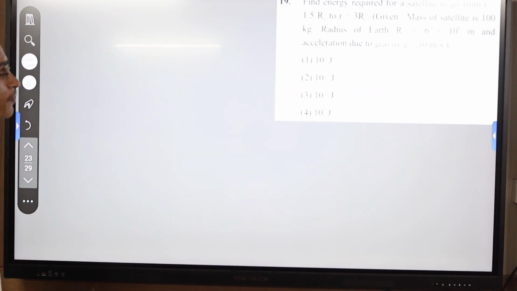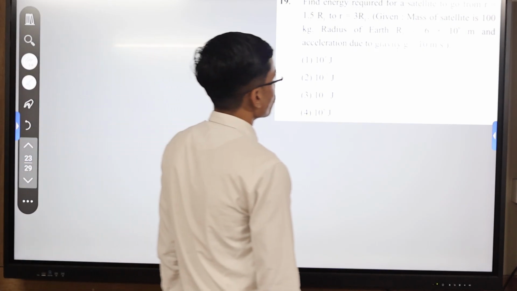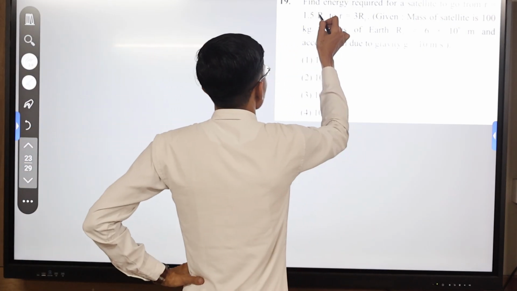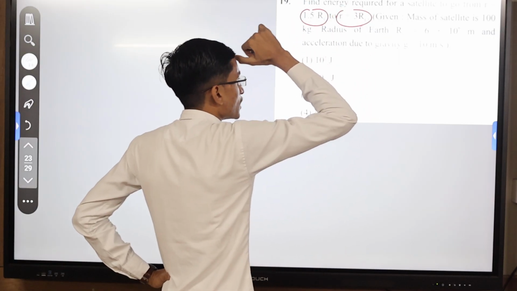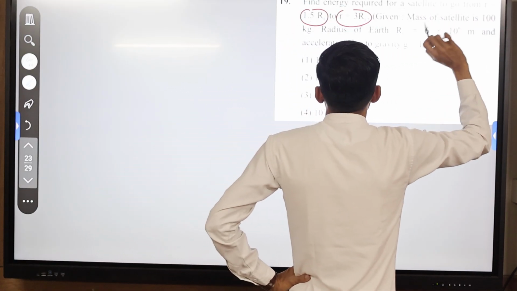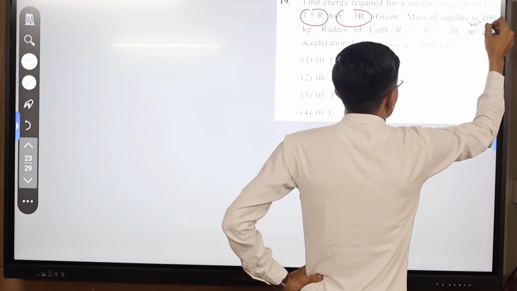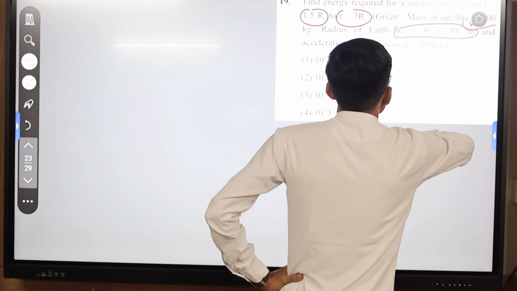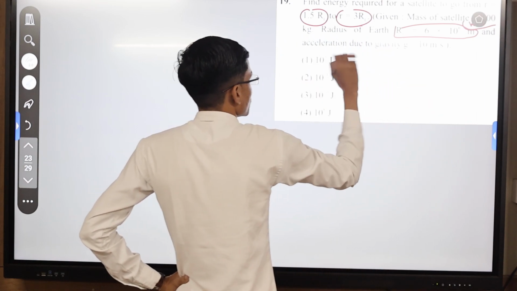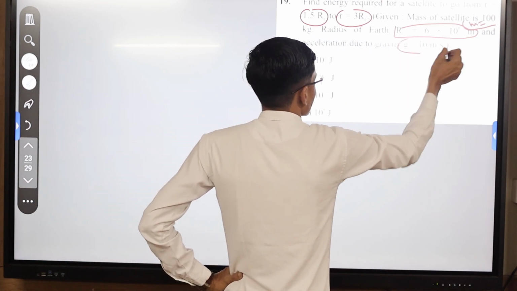Next question: find the energy required per satellite to go from R equal to 1.5 RE to R equal to 3 RE. Given the mass of the satellite is 100 kg, let us say small m, and RE is equal to 6 into 10 raised to 6 meter. Acceleration due to gravity is 10 meter per second square.